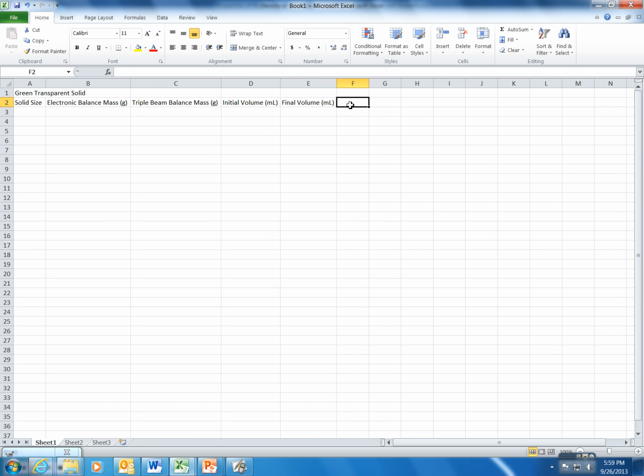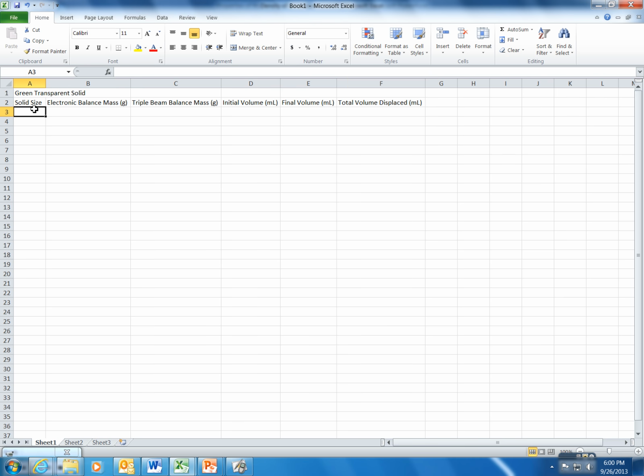Something that I'm going to want to show and use in my graph later in determining density is I need to have a volume difference. So a total volume displaced. And this is where I'm going to put final volume minus initial volume.